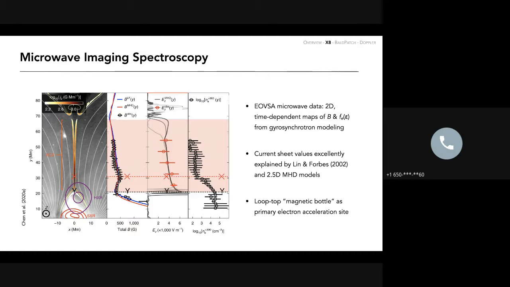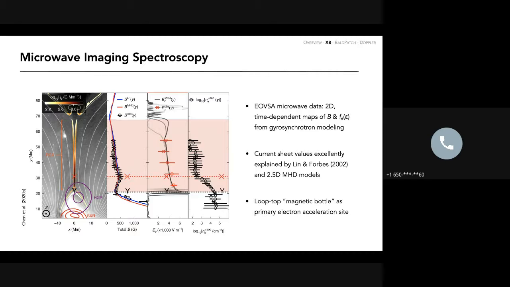But what's really neat is that if you take a cut along the current sheet and plot the physical variables as a function of the y-axis, the vertical axis, those are what's shown in the next three panels. For the total magnetic field in the second panel, the measurements from the fitting to the microwave spectra are shown in these black circles.